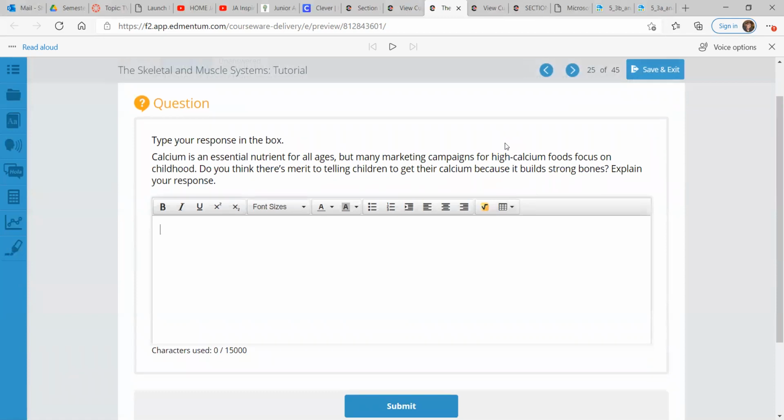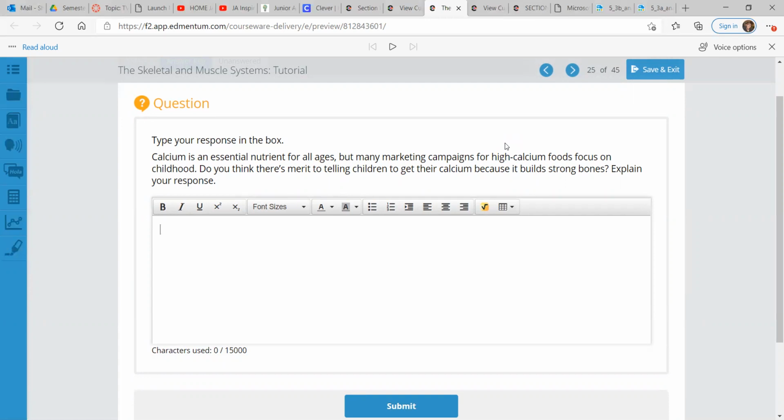Next question. Calcium is an essential nutrient for all ages, but many marketing campaigns for high calcium foods focus on childhood. Do you think there's merit to telling children to get their calcium because it builds strong bones?